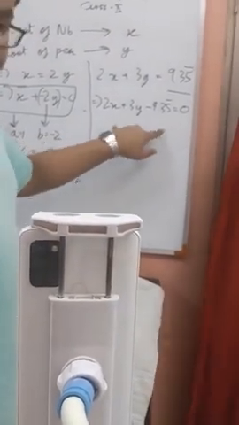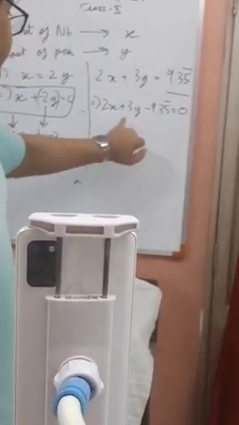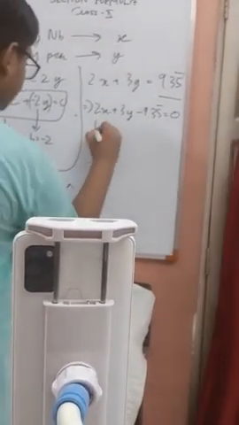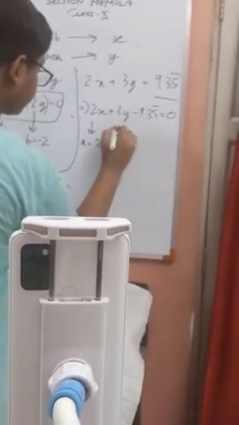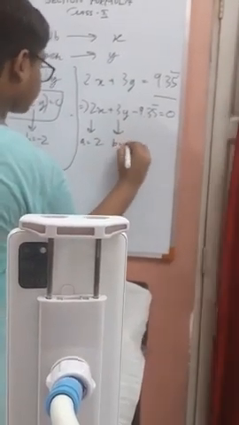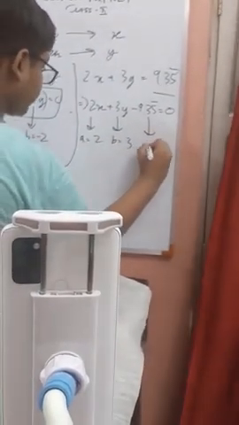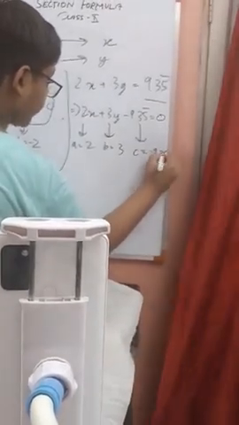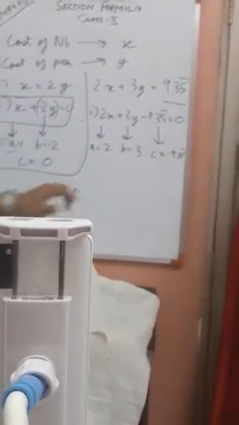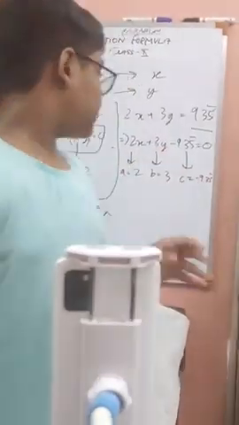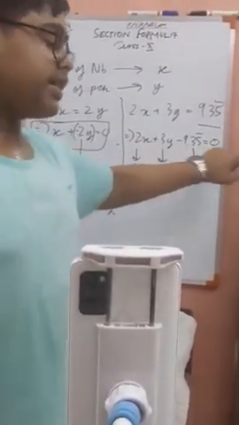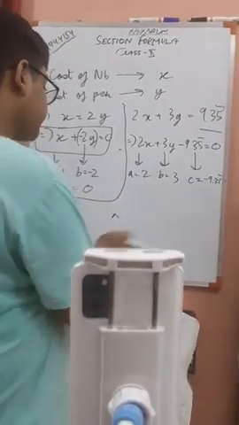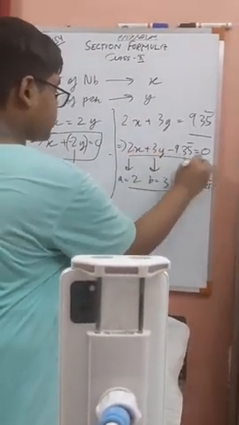Now we have it in the format of a, b and c. We can just write it as a is equal to 2, b is equal to 3 and c is equal to minus 9.35, 5 is recurring. Now these were the values of a, b and c. It has also asked us to represent this. Thus we cannot just directly move on to this statement without finding out this statement.